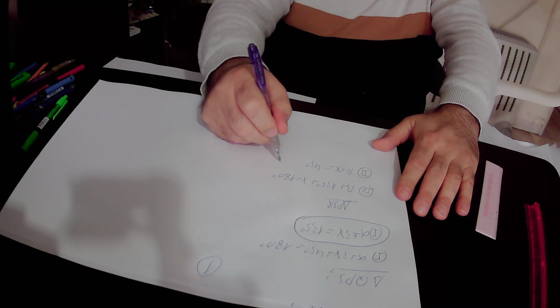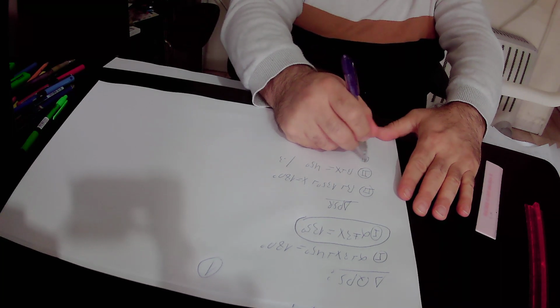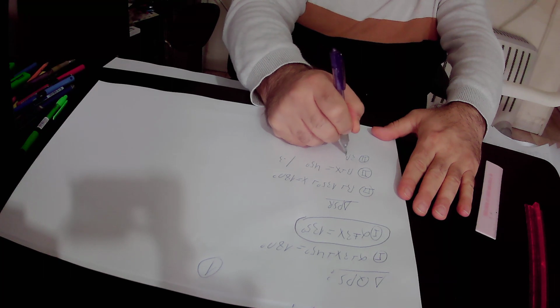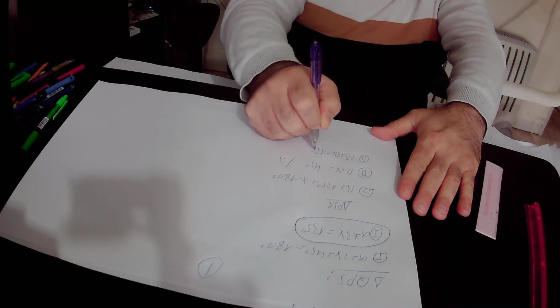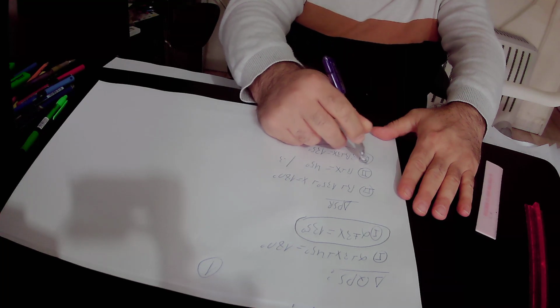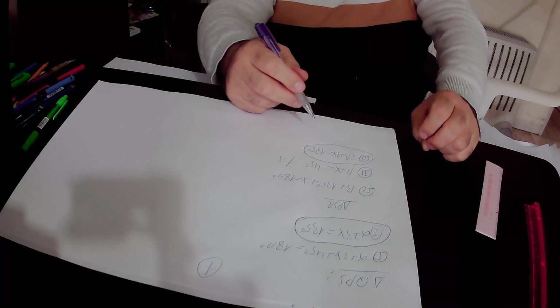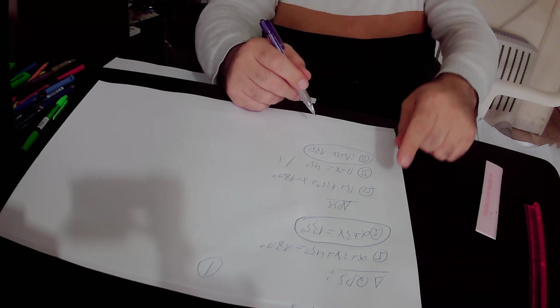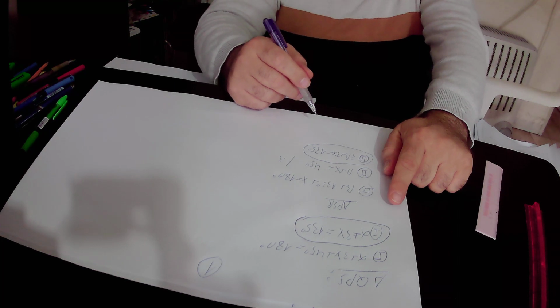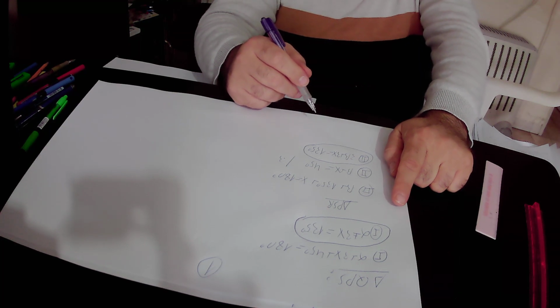Here we will multiply equation number 2 by 3. We will get that 3 beta plus 3x equals 135 degrees. So according to equation number 2, 3 beta plus 3x equals 135 degrees, and according to equation number 1, alpha plus 3x also equals 135 degrees.